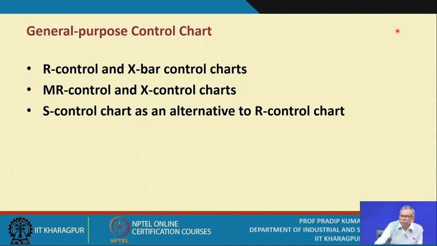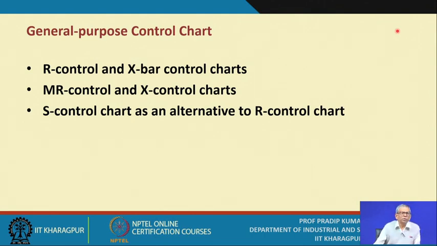That means you define or calculate the dispersion or the variability with the moving range. So we'll explain what a moving range is. So the moving range control chart you have to use, and along with the moving range control chart, you need to use the X control chart for the individual units. So these two charts we'll be discussing.